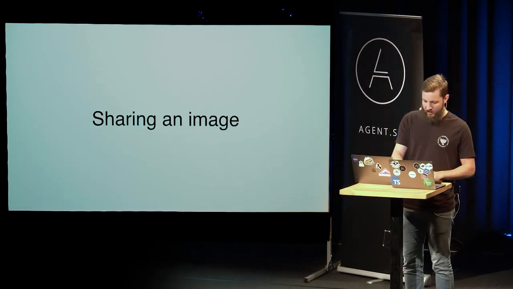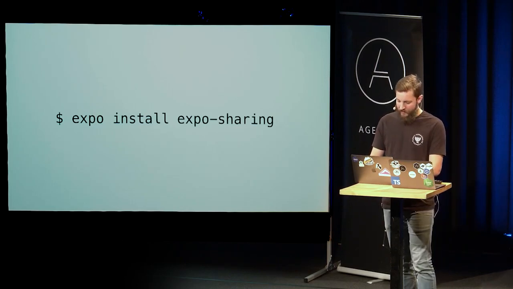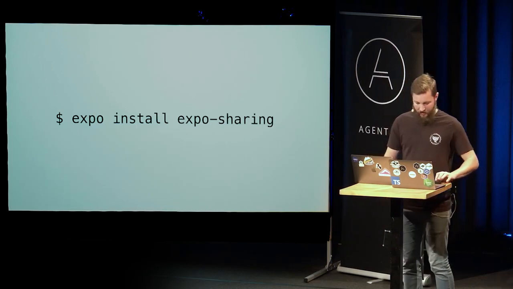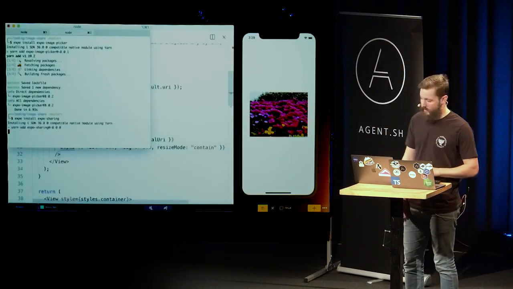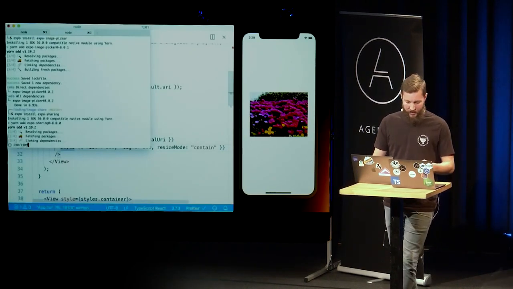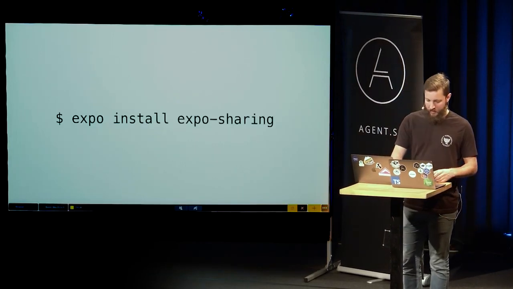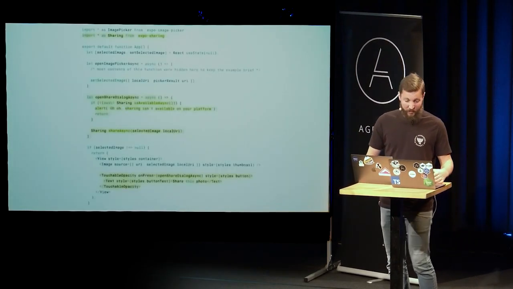So sharing the image. We need to install Expo Sharing for this one. So I will just jump back here and switch over there. And that's good. And now we just use the API, basically.